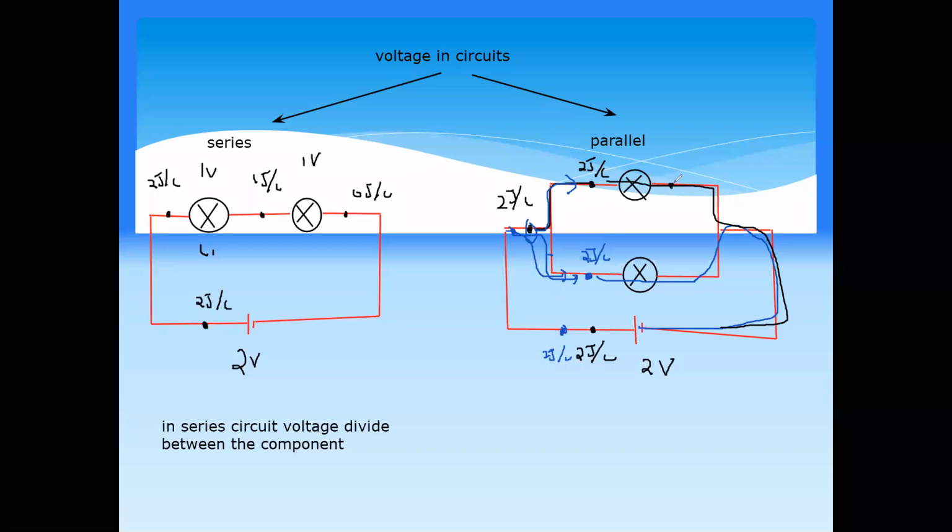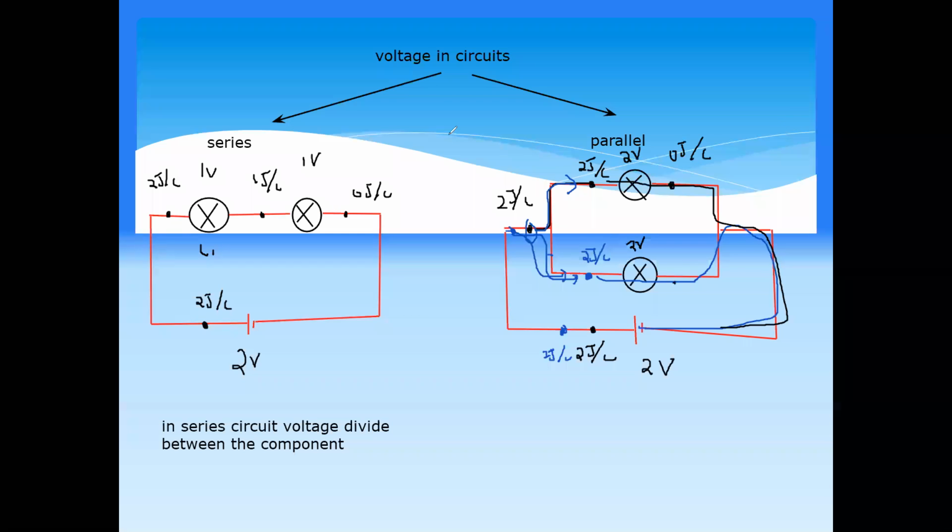So we observe the charges transfer almost all of their energy to this component. When they transfer all of their energy, how much is the voltage here, or potential difference? 2 volts. And how much is the voltage here? The potential difference will be 2 volts.